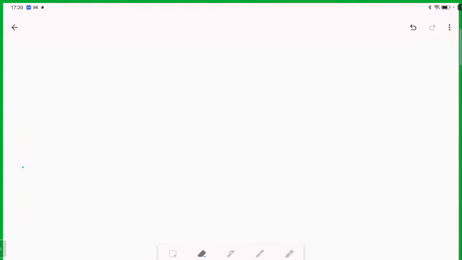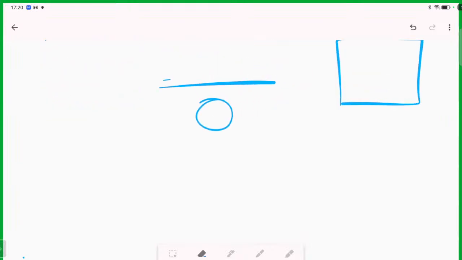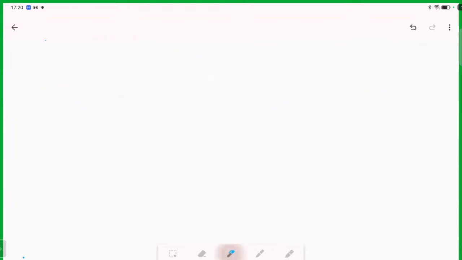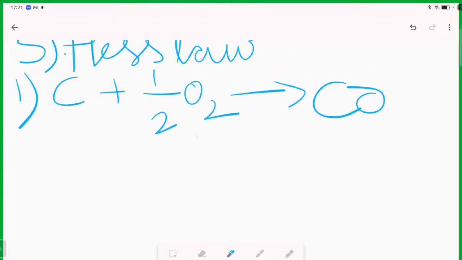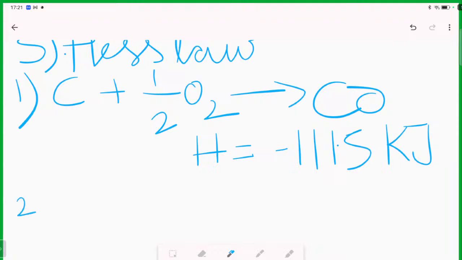this is a very common example which we see कि जो हमारे पास CO2 बनने का प्रोसेस होता है, एक ऐसा वे हो सकता है कि C सॉलिड स्टेट से हाफ O2 से रिएक्शन हुआ, O2 गैस फॉर्म से, और CO फॉर्म हुआ, और इसमें H लगा -111.5 किलो जूल, ओके. और एक प्रोसेस ऐसा हो सकता है कि CO, अब ये CO है, इसको CO2 में कैसे कन्वर्ट करेंगे?